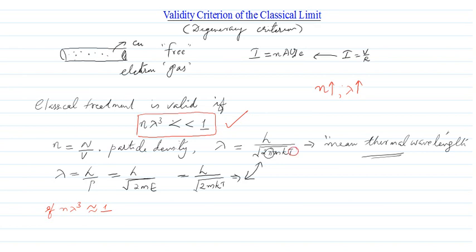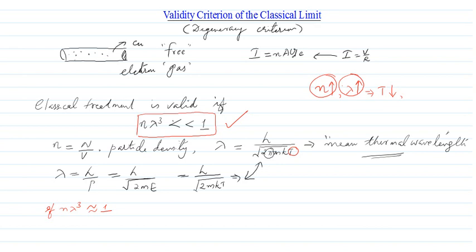So lambda increasing means the temperature of the system should decrease, or the system should be composed of lighter particles. So in two ways the product n lambda cubed can increase: when the particle density is very high, or the temperature is very low. When particle density is very high and the temperature is very low, n lambda cubed can increase fast.